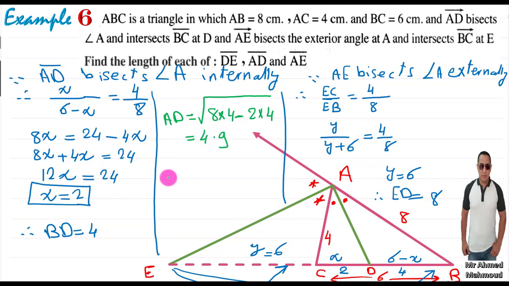And AE equals the square root of EC times EB minus CA times AB. So AC equals 6 times EB equals 12, minus 4 times 8. So it is equal to 6.3. The next question.